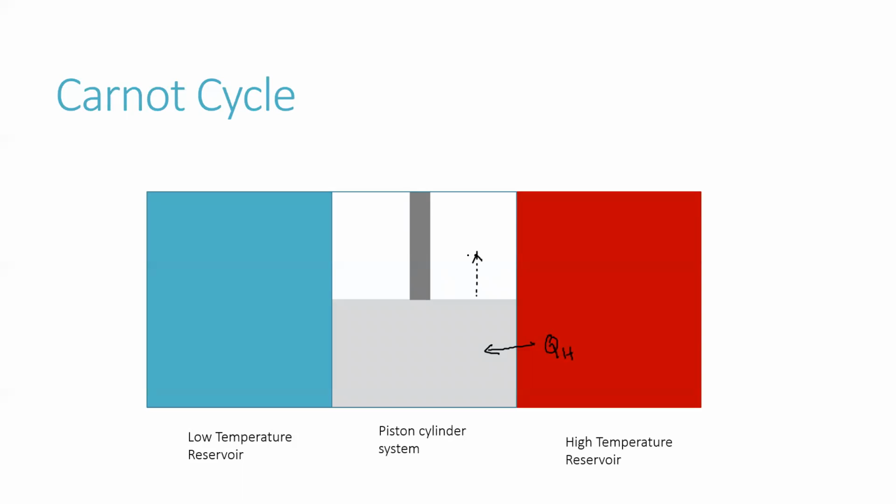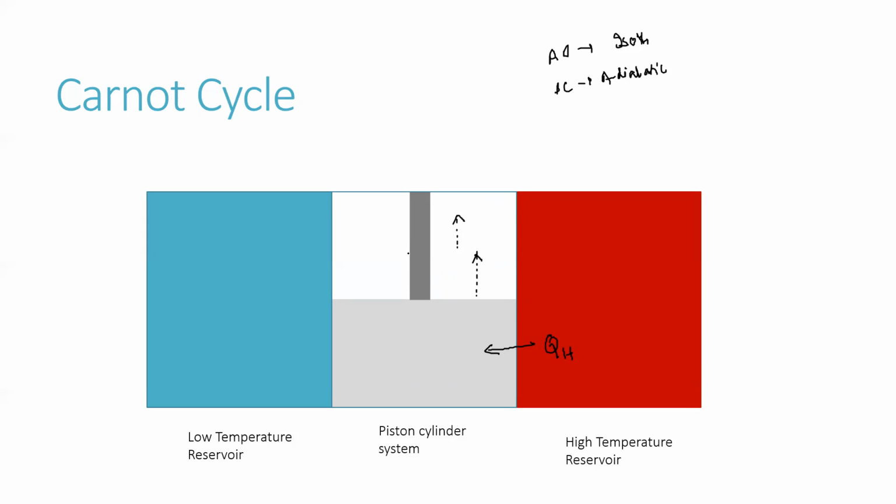As I told you, A to B is isothermal, then B to C is adiabatic expansion. So further, no heat transfer is taking place. The heat transfer has stopped, but still there is going to be work done by the system.